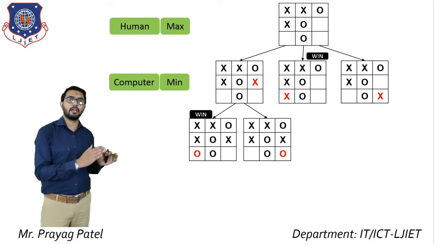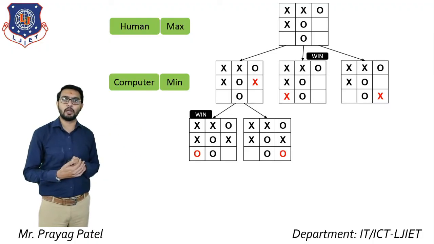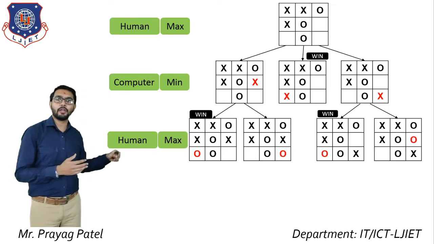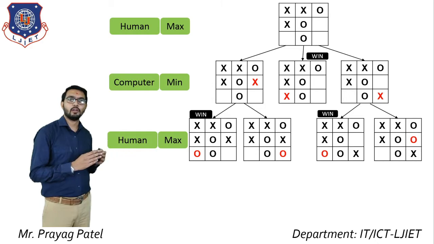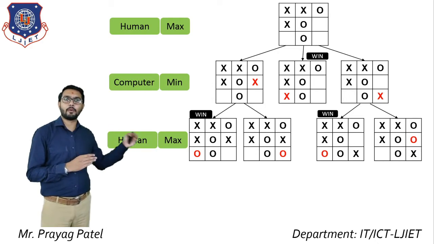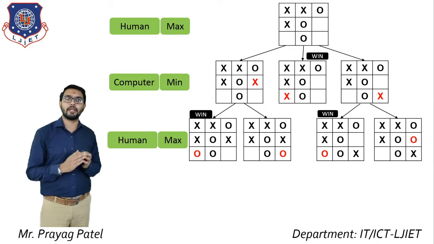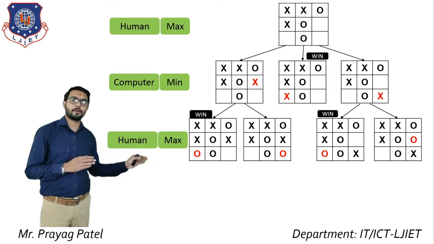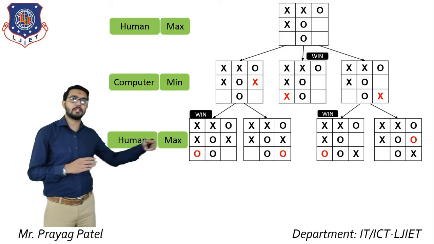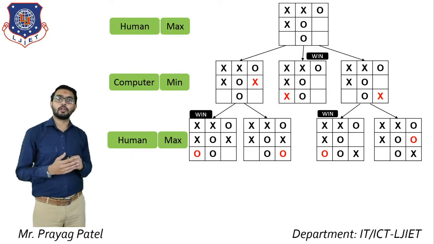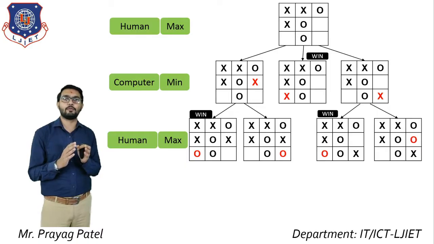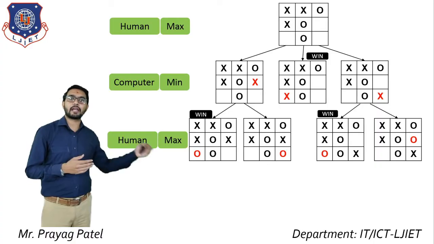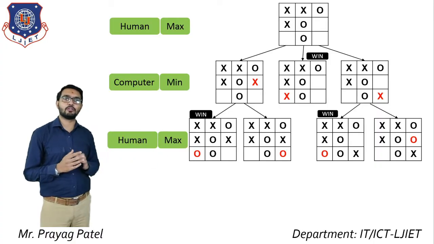Now consider the first possibility and expand it from the human view. After performing the second step, two possibilities remain. The first is to put 0 at the first position and the second is to put 0 at the last position. If we put the 0 at the first position, it is a winning situation for the human player, the max player. In the second possibility, there is no winning situation.